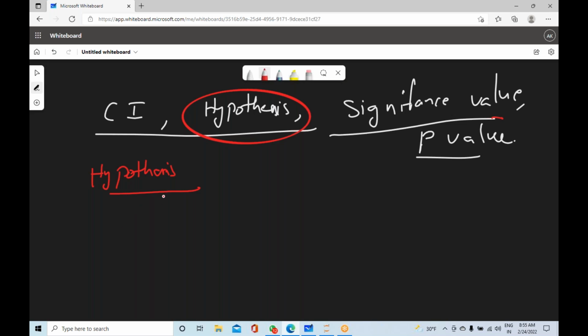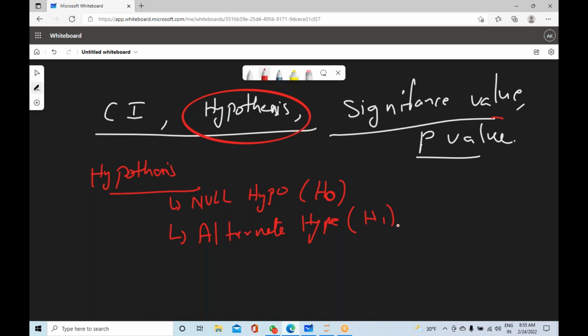From hypothesis testing, we have two hypothesis types. One is the null hypothesis, which we represent with H0. The second one is the alternate hypothesis, which you can represent with H1.